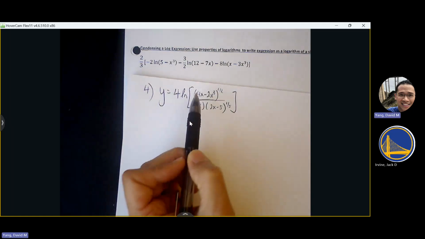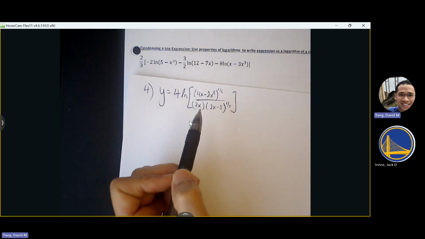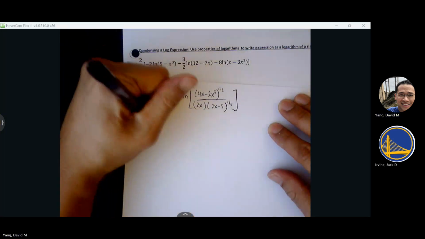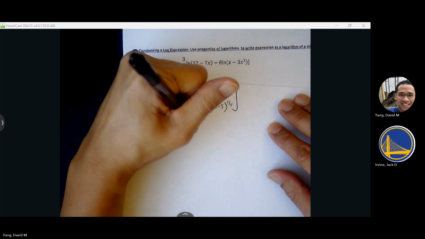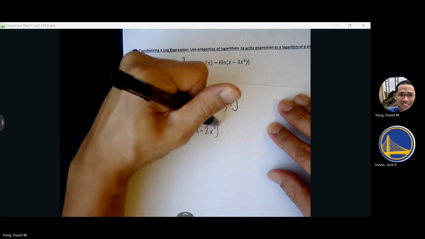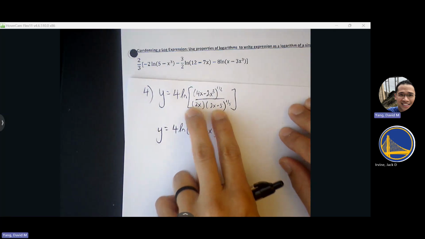Once the 4 comes down, then we can think of this as A, B, and C. We can expand using quotient and product property. Anything in the denominator will be part of a negative natural log.